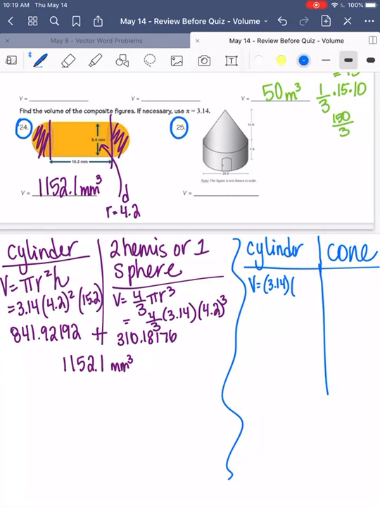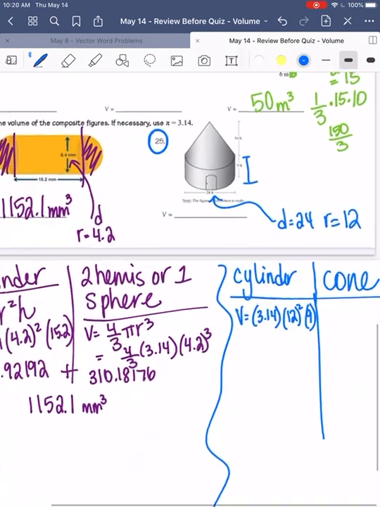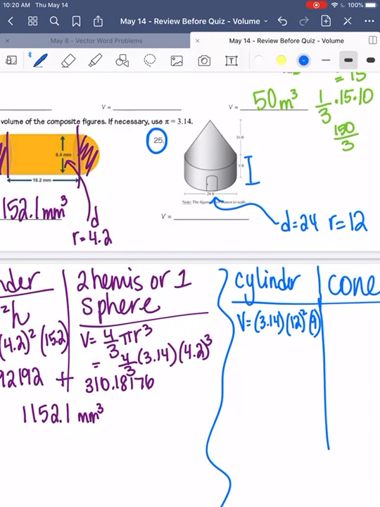Okay, so our diameter is here. And so our radius would equal half of that, which is 12. And the height is here of the cylinder, which is 9. I know those numbers are a little small. You may have had a little trouble seeing those.